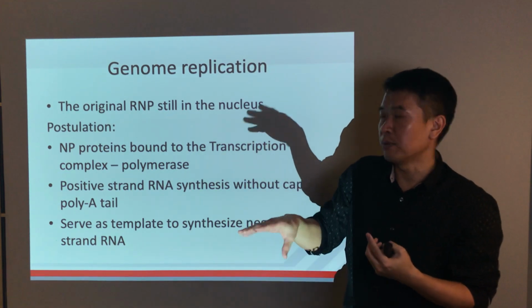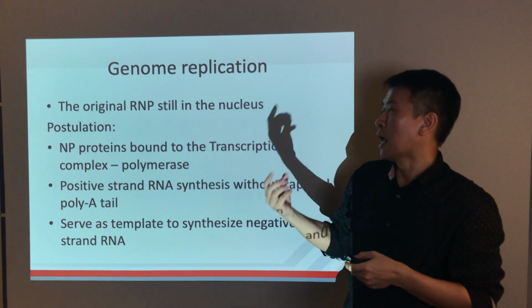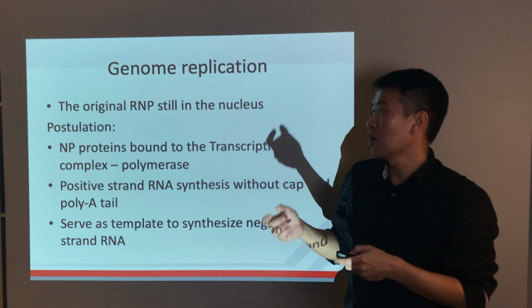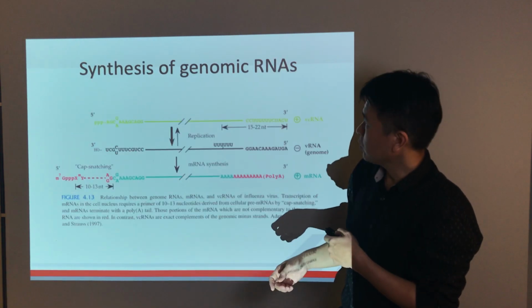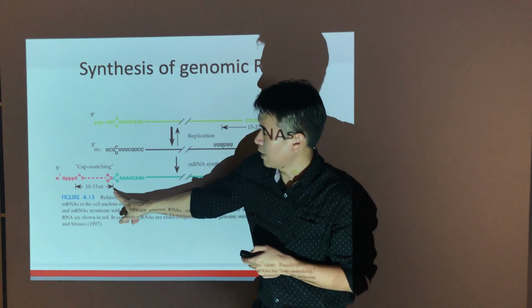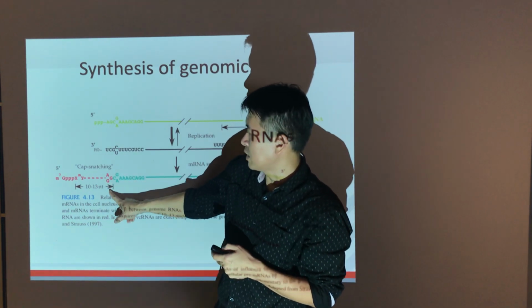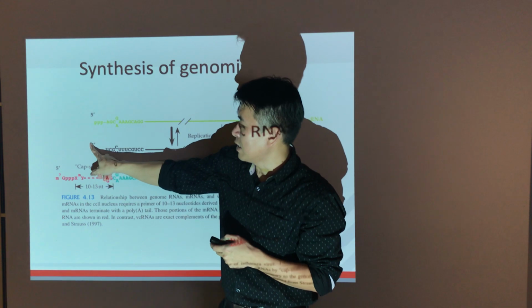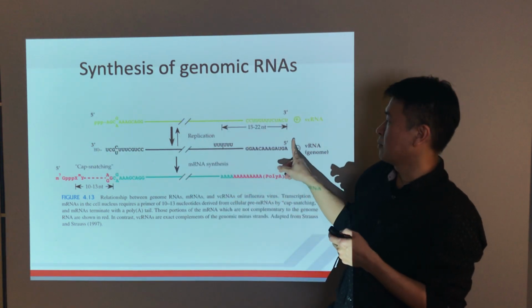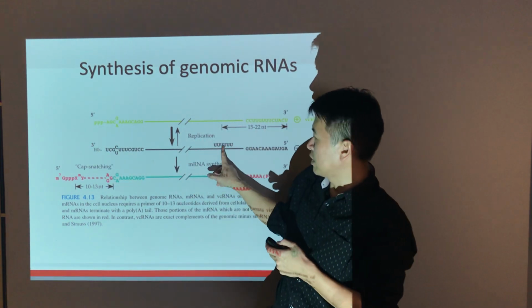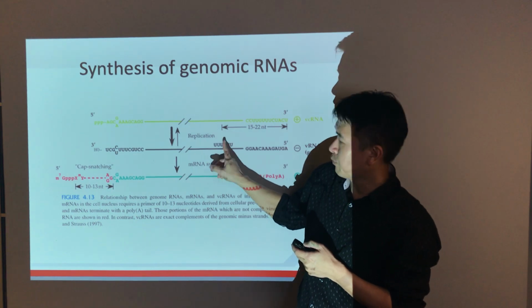Once NP binds to it, what happens next is they now use the dinucleotide. Now we can see this is the 3' to 5' of the genome, right? This is where the poly-U is located.